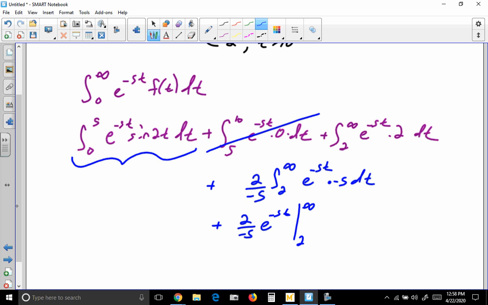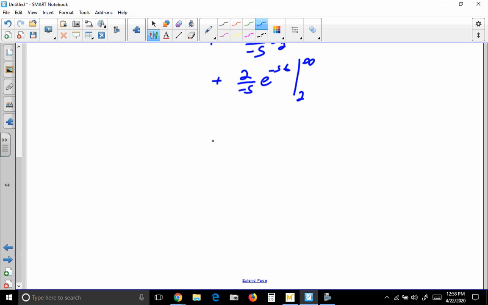So we have 2 over negative s out front. If we insert infinity, e to the negative infinity times s, as long as s is positive, infinity times a positive number is infinity. Remember, we're really taking the limit as that goes to infinity. But then if we put a 10 in, we have e to the negative s times 10, or negative 10s.